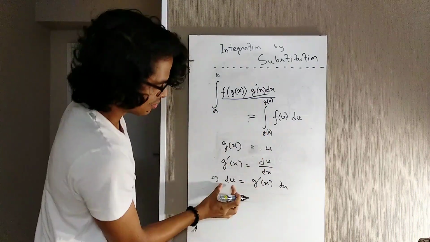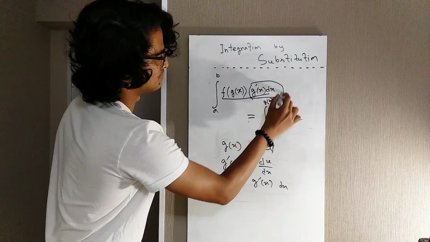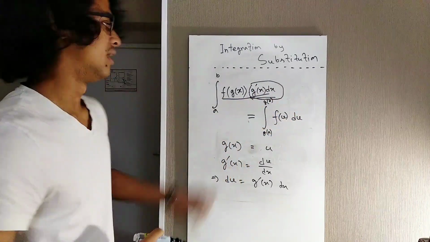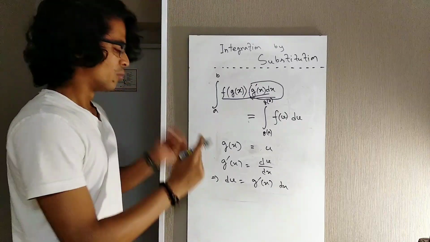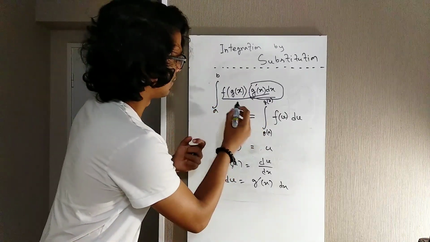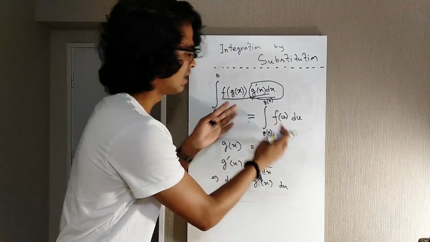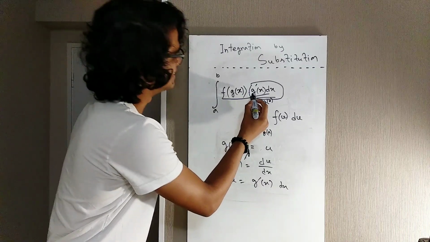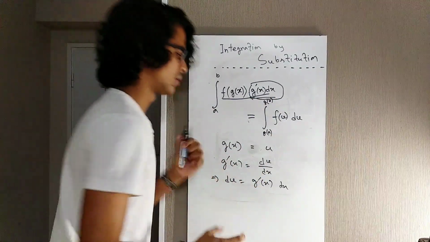So basically, we substituted g x with u, and then we substituted g prime x dx with du. That's basically what we did.